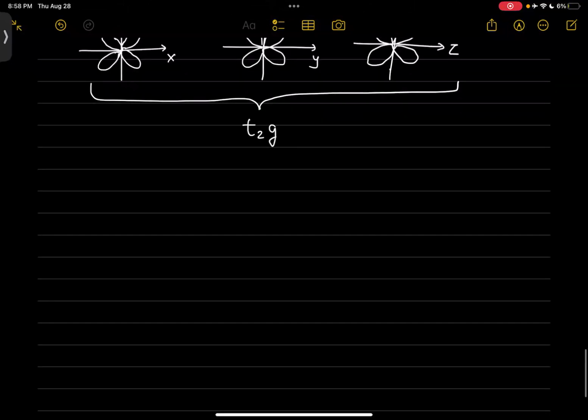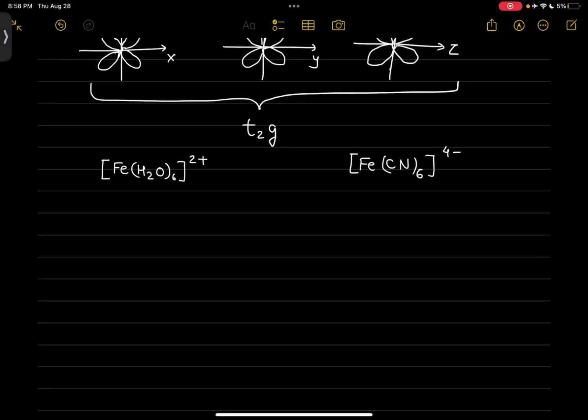So now let's take two examples side by side. Both are octahedral. The metal ion is also the same, iron plus 2, in both of them.